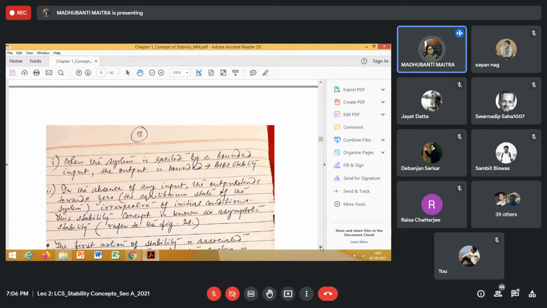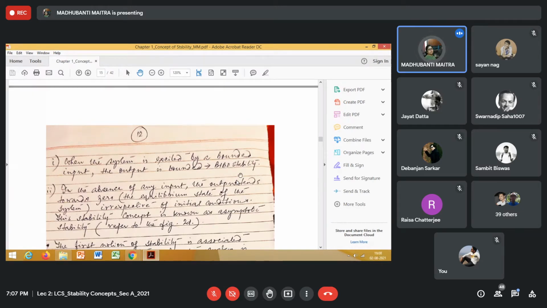That means there is an input, and the notion of BIBO stability states that for a linear system, if the input to the system is bounded, then for a stable linear system the output has to be bounded, right? So when the system is excited by a bounded input, the output is bounded.